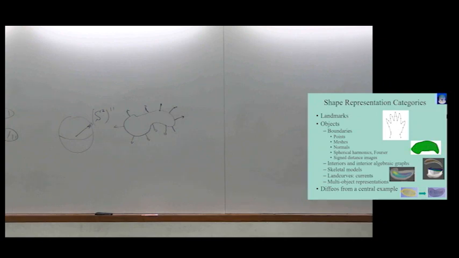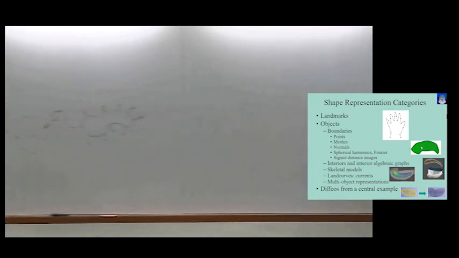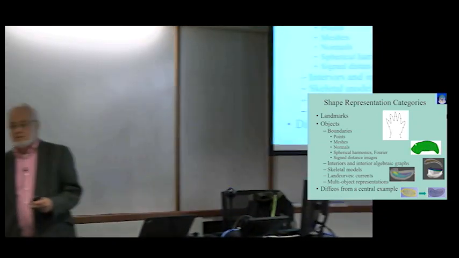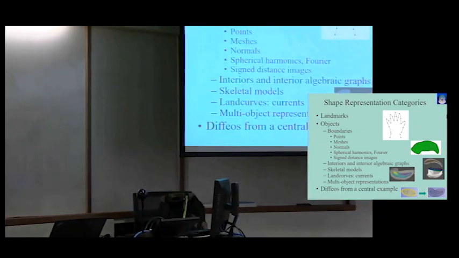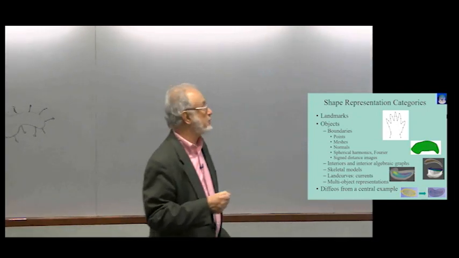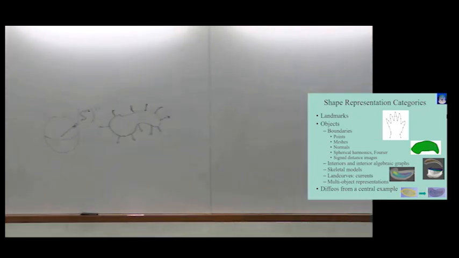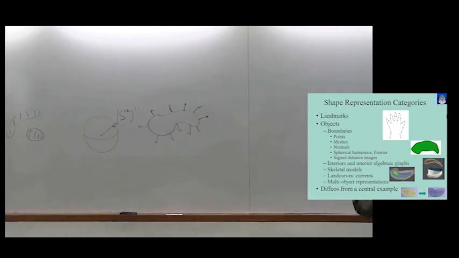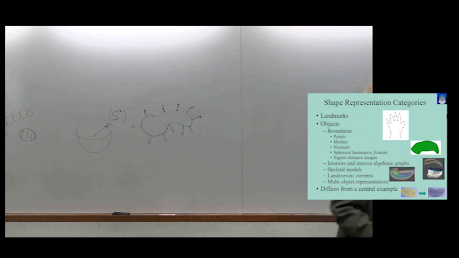If you connect them and give, say, what point is connected to which one in this mesh, you will get a richer representation than just the points. Okay, and so we'll be talking about these meshes. I've already talked about the fact that normals are very important, so that at each one of these mesh points, for example, you might have not only the point value, but the normal vector there.